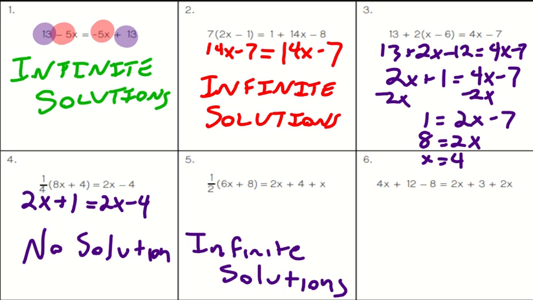When we distribute half of 6x makes 3x, half of 8 makes 4. On the right side, if I combine like terms, 2x and 1x makes 3x, and it's got a plus 4. Constants are the same, coefficients are the same. If everything's the same, that makes infinite solutions.